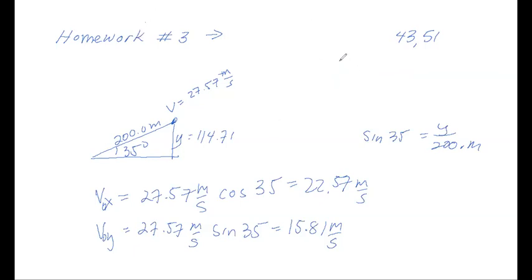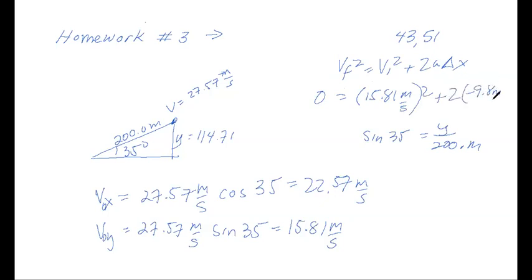I'll just do it as V final squared equals V initial squared plus 2A delta X. So I'm going to have 0, because I know that equals 15.81 meters per second quantity squared plus 2 times negative 9.8 meters per second squared times delta x.